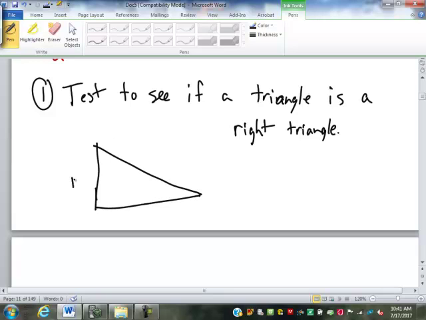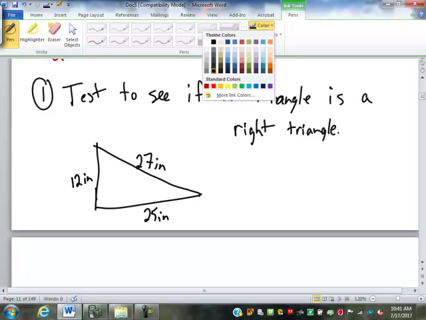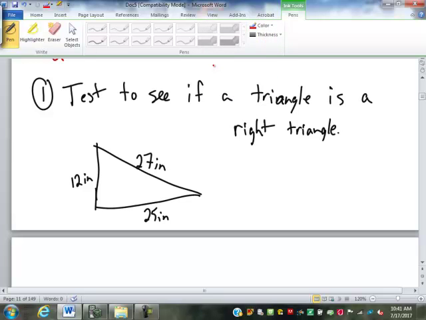Let's say that this side of the triangle here is 12 inches. This side over here is 25 inches. And this side up here is 27 inches. It's always easier to pick out the potential hypotenuse. Which side would I want to use as side C here? Why? It's the largest side.